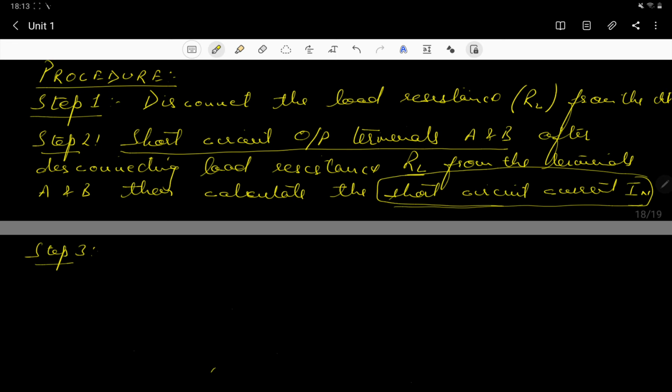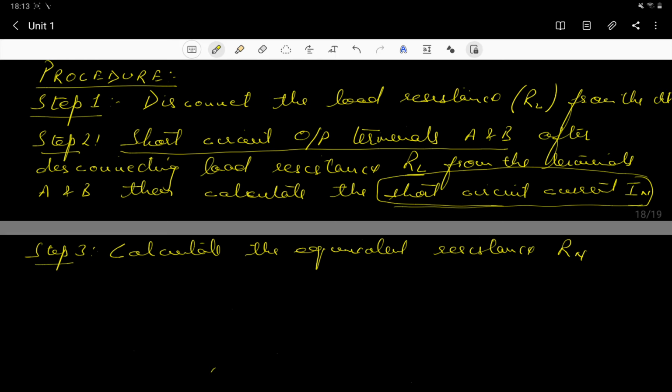Step number 3: calculate the equivalent resistance Rn in the case of Norton's theorem, and similarly RTH in the case of Thevenin's theorem.